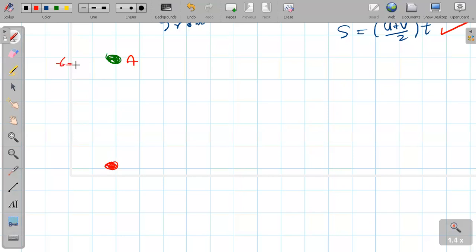At the beginning t equals 0, t equals 5 seconds, and u equals 0, and v is something else we don't know. And the only thing I know is acceleration is gravity, which is downwards. There is some 10 ms minus 2.